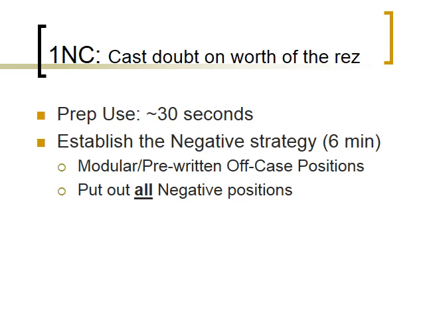That's how you're actually going to win the round, and if you save those arguments for the 2NC, you do not have the time to provide the level of detail and development that the affirmative has done with the affirmative case, which makes it really, really hard for you to convince a judge that your offensive arguments are as strong or stronger than the affirmative case.